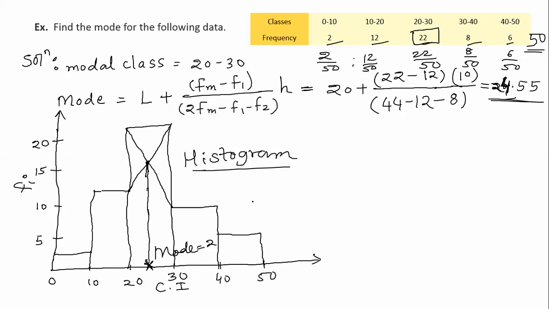Okay, so it was 24.55. And here mode graphically is coming around 24.5, something like that. If you draw correctly, making use of graph paper, you are going to be very close to the accurate figure. Okay, so this was all about mode.